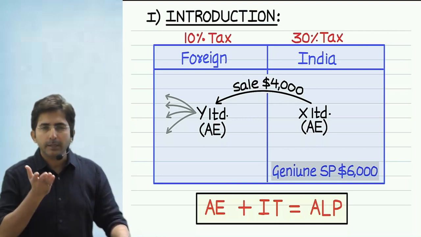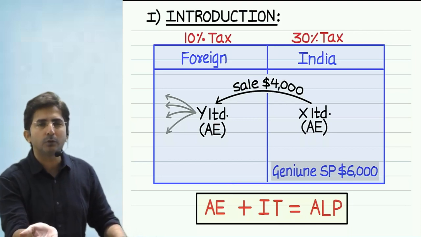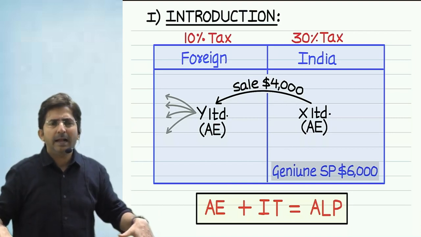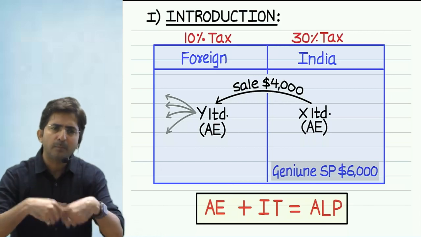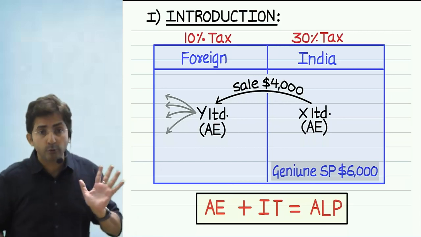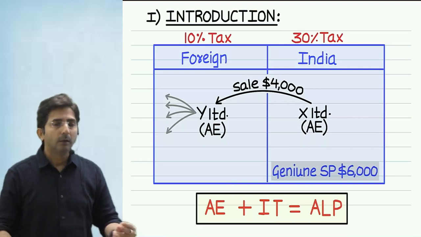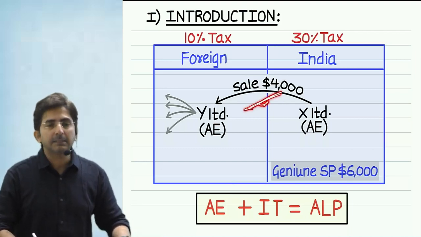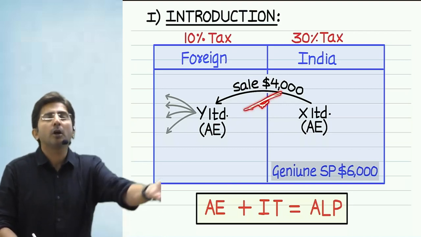Means law has threatened the assessee so much that every assessee is scared, and every assessee literally computes the ALP. Yes, only if the assessee is really genuine and feels the price is absolutely perfect, he is not bothered.